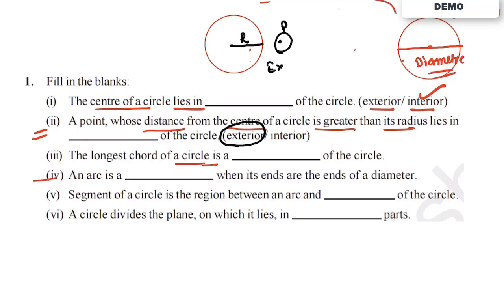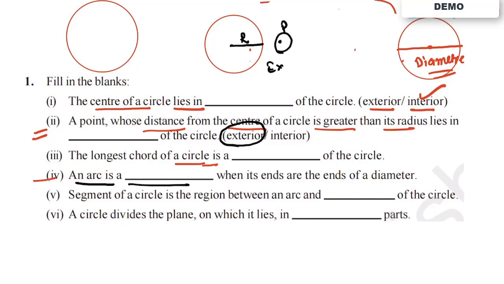Fourth question, an arc of a circle is a dash when its ends are the ends of a diameter. So it is basically asking about the arc. Let me draw it for you. You would be able to imagine what the question is trying to say. Fill in the blanks: an arc is a dash when its ends are the ends of the diameter.